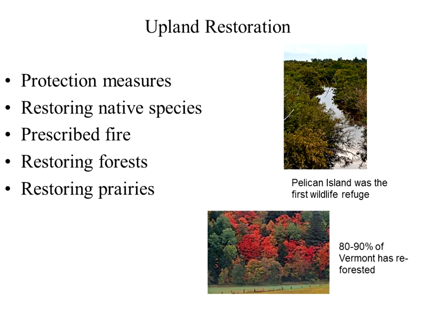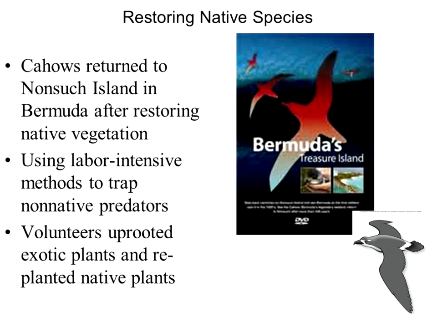So now we're going to walk through some of those techniques using the Pelican Island as our first look. And again, you can look at your book for more on this particular project. As I said, this was one of the first refuges.